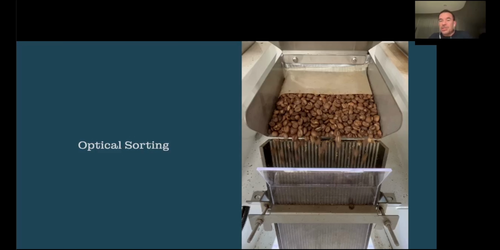And then the machine uses a front and back camera, and when it senses beans that are out of range, it uses a puff of pressurized air to knock the beans out of the stream into a reject bucket. So it's incredibly fast, it's surprisingly accurate, and ideally we use this to remove Quakers, and conceivably it would also eject beans that are too dark, although we don't see those too often.